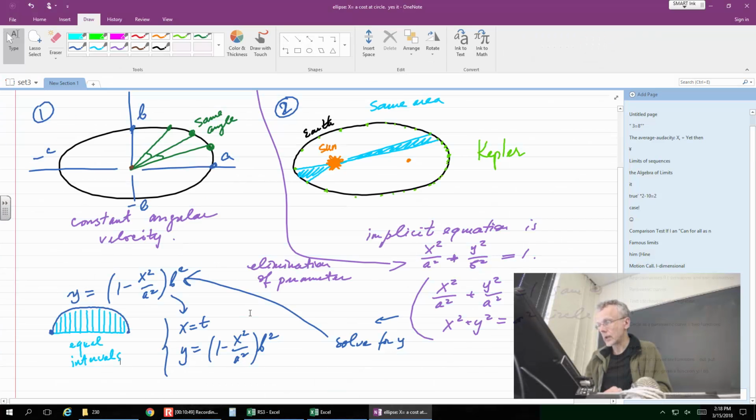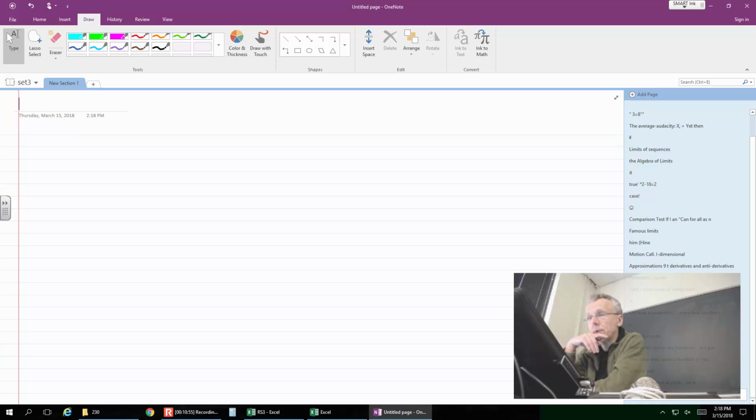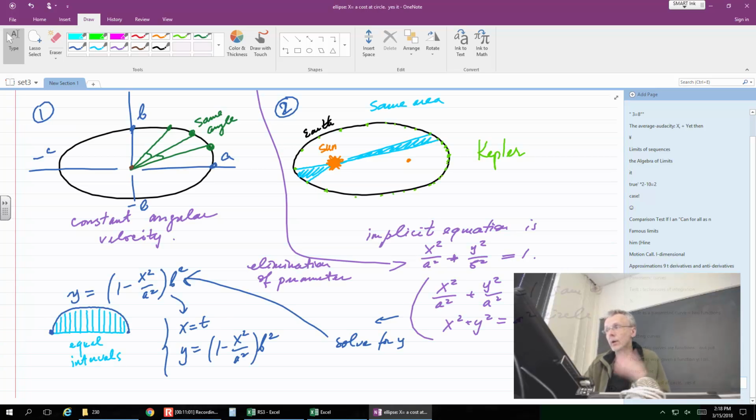What I want to do now is look at more examples of motion and how you capture them with parametric curves. Starting once again with the Earth moving around the Sun, but then the Moon is moving around the Earth.